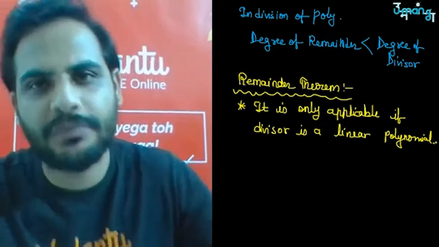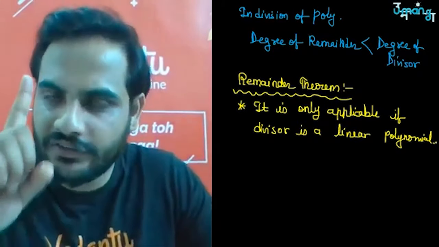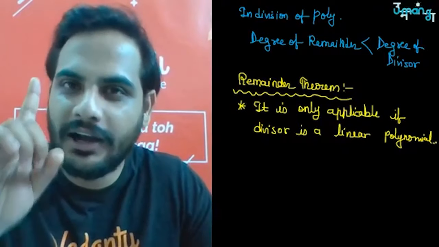That means the divisor should be of degree 1, because we know a linear polynomial means a polynomial of degree 1.